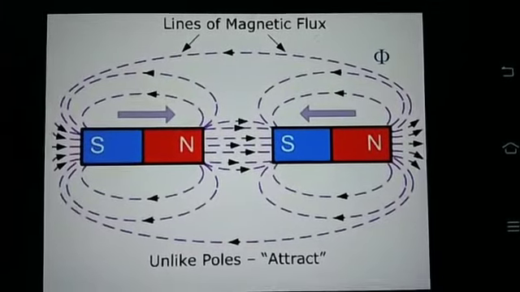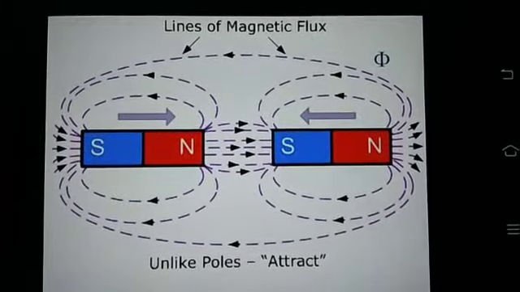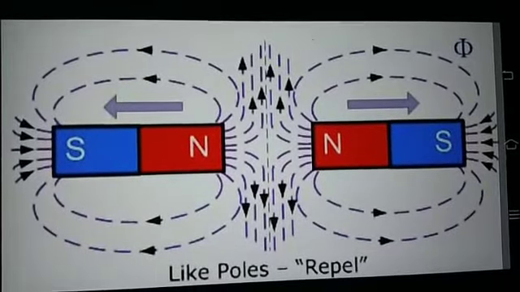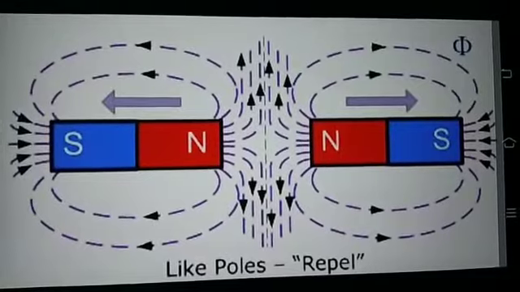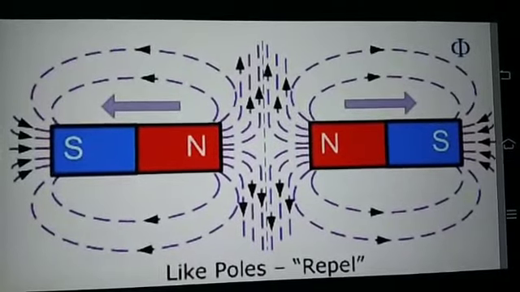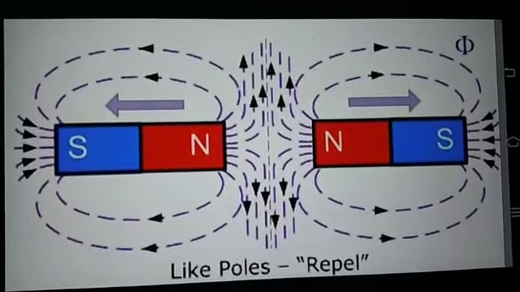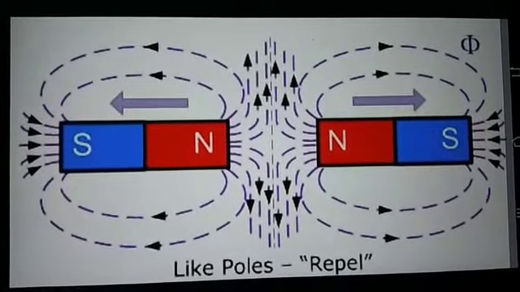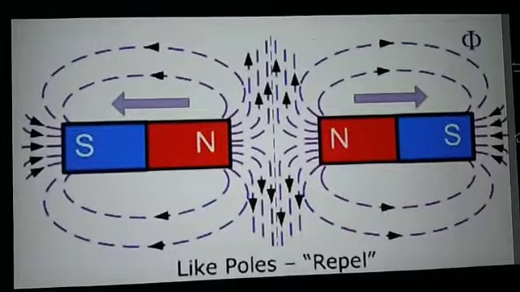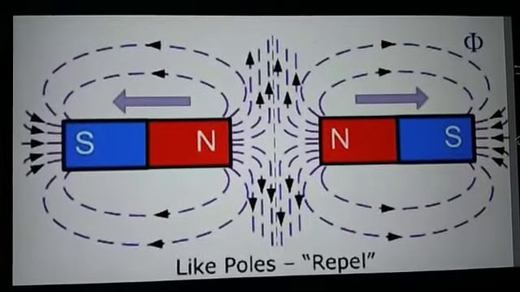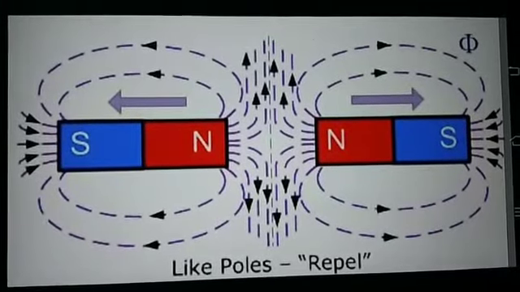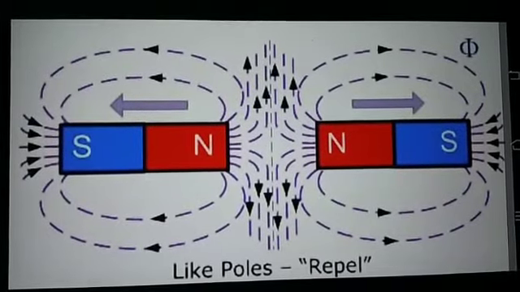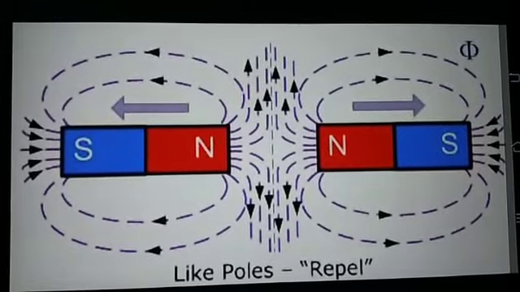Let's see how the like poles behave. That means north pole, north pole. From the north pole to the south pole, the magnetic field line of one magnet goes from north to south, and on the other side, the other magnet's field line also goes from north to south. Those are the two directions. But here, like poles repel each other, because the magnetic field lines are not attracting here.